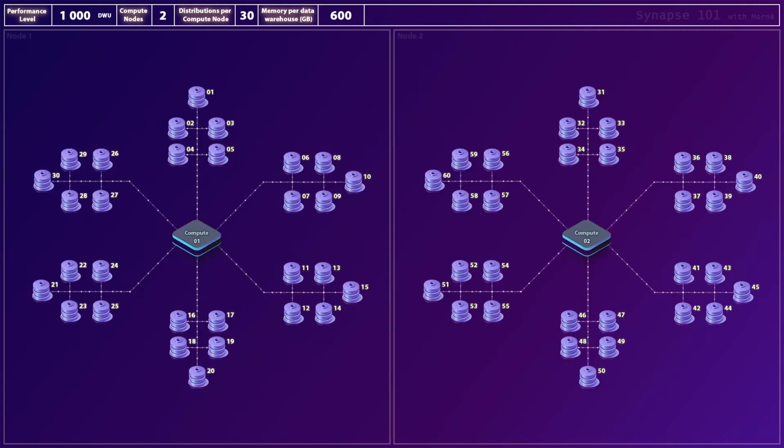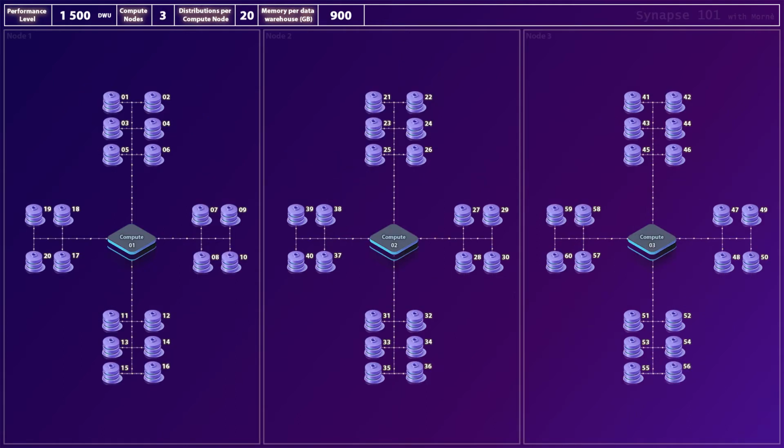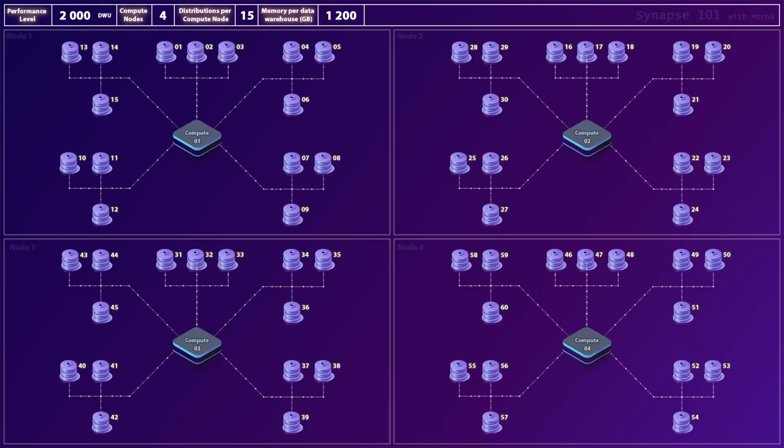Here's a 1000 DWU. You will note that it has 2 nodes and each node will host 30 distributions. A 1500 DWU will have 3 nodes and each node will host 20 distributions. A 2000 DWU system has 4 nodes and each node will host 15 distributions.